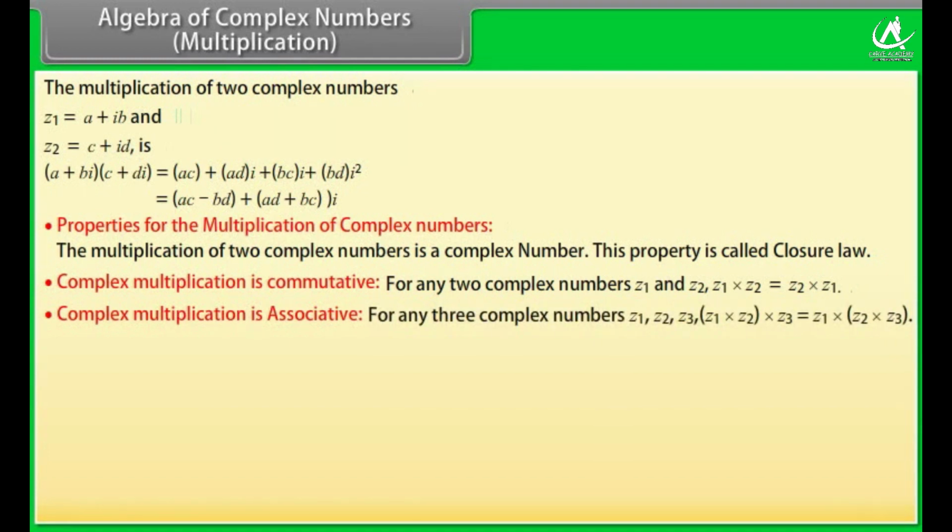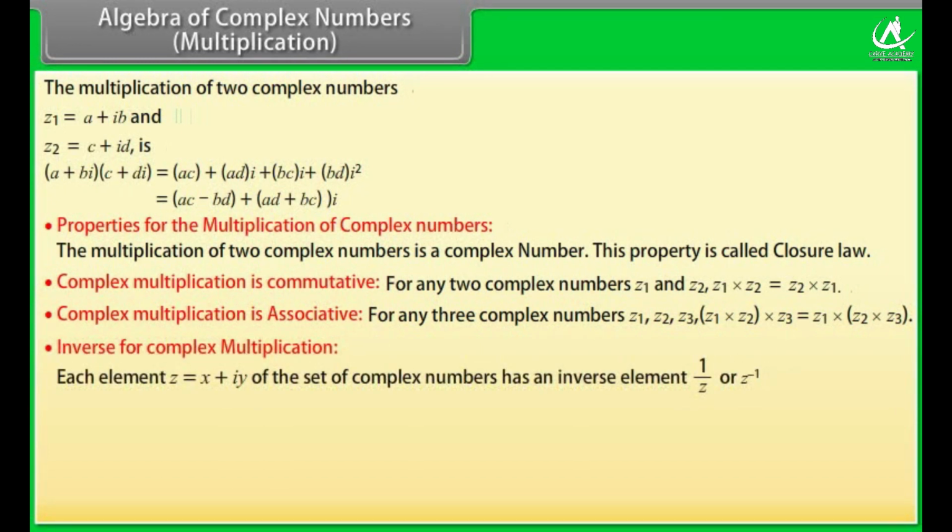For any three complex numbers z1, z2, z3, z1 into z2 into z3 is equal to z1 into z2 into z3. Inverse for complex multiplication. Each element z is equal to x plus iota y of the set of complex numbers has an inverse element 1 by z or inverse of z.